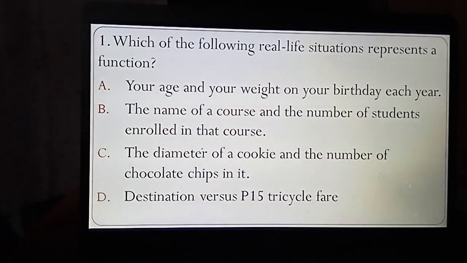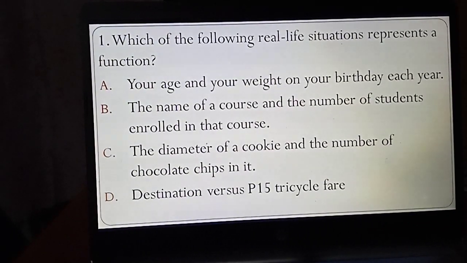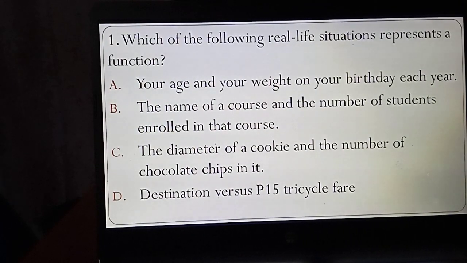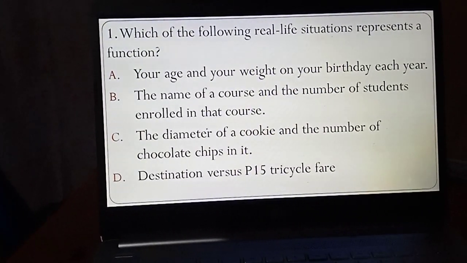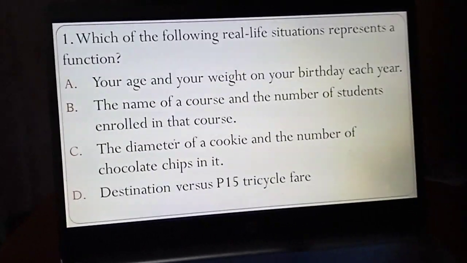So the answer here is letter A. It's because a function is a correspondence where the element of the domain should only be paired once to an element of the range.